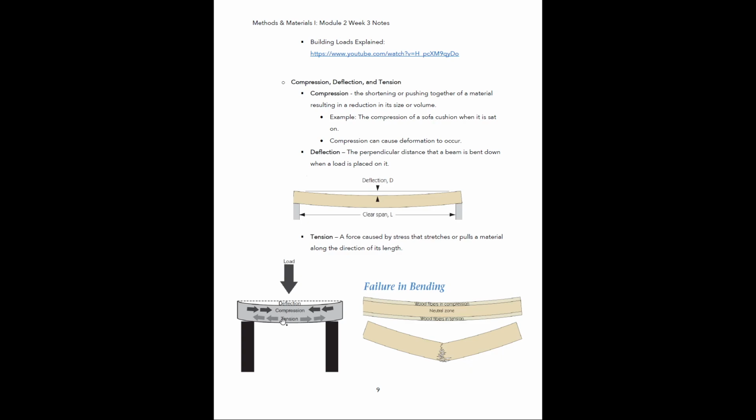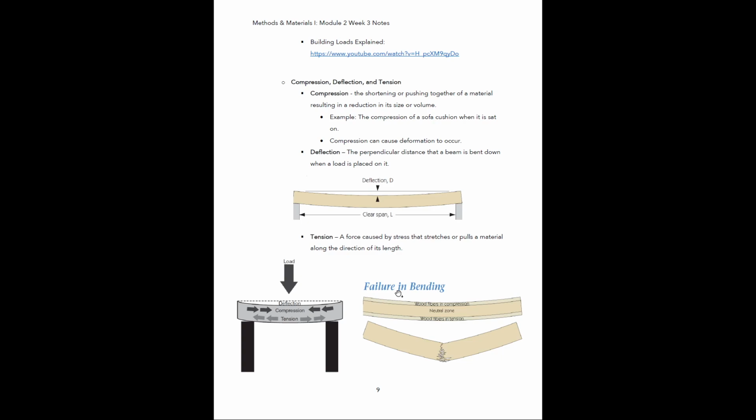And then at the bottom, the fibers of the beam are actually being spread apart. I think this makes more sense if you look at this example. It's basically the same thing, but you can see the fibers at the top are being compressed, and there's a neutral zone where nothing is really going on, and then the fibers at the bottom are being spread or pulled apart as the load pushes down on it.